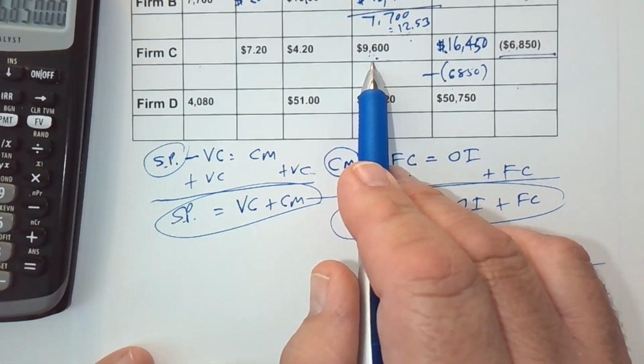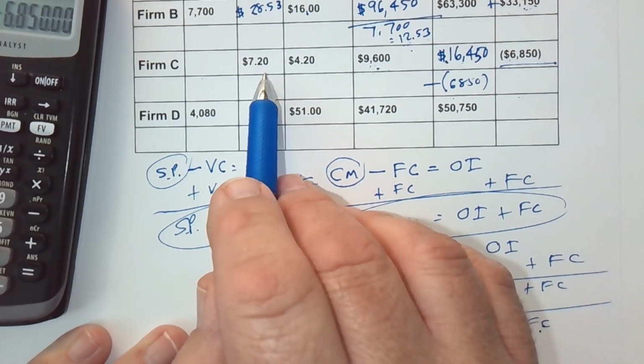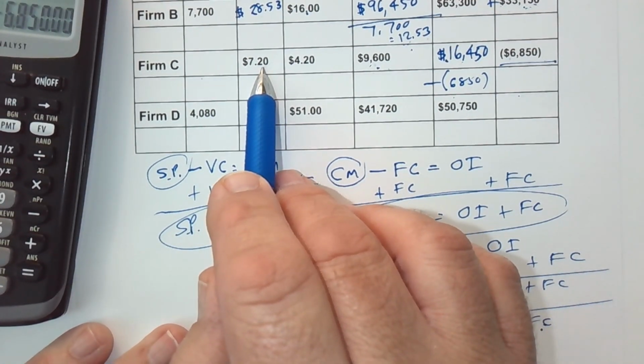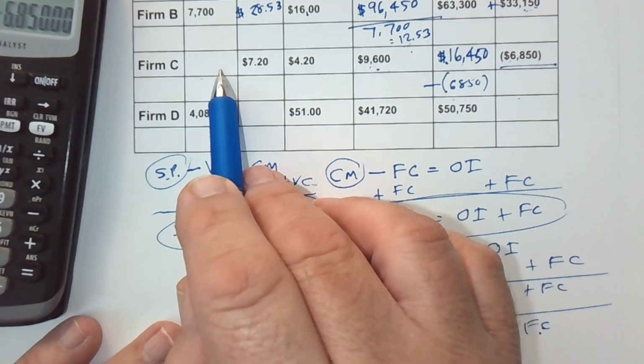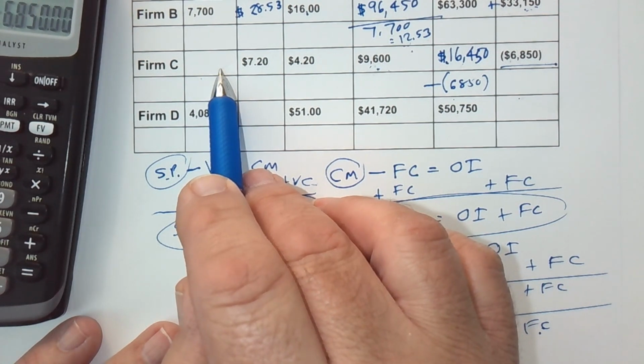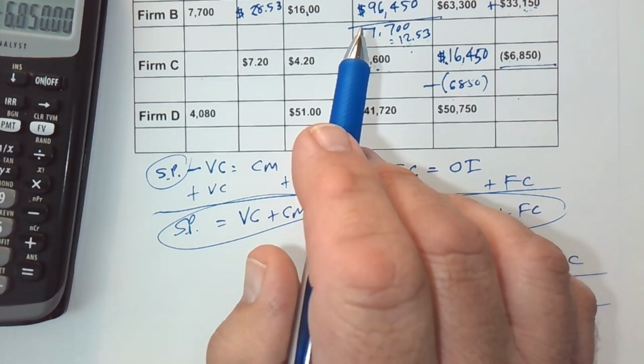If we're trying to find now the number of units sold, well, we know that the selling price minus the variable cost per unit times the number of units sold would give us the contribution margin overall.